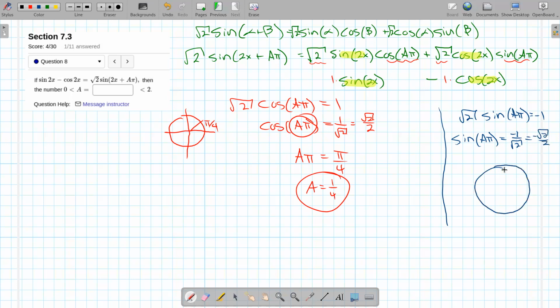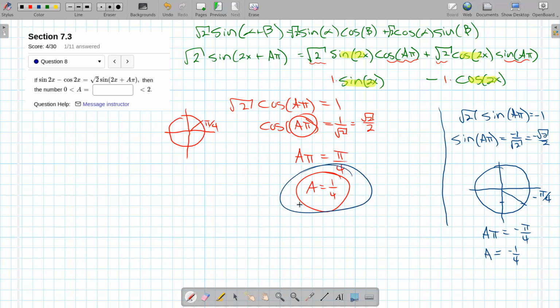Think about that in the unit circle. Sine is a y value. So y equals negative square root of 2 over 2 is over here somewhere. That would be related to the negative pi over 4, right? So that one thinks that a pi is negative pi over 4, which means a could also be -1/4, but I want a to be positive. So it's got to be this one right here, 1/4.